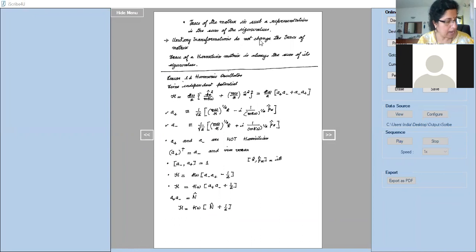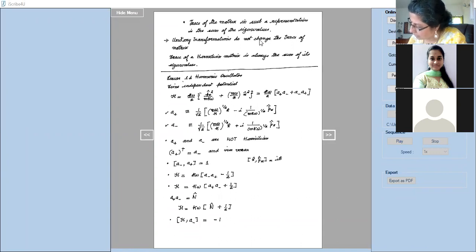And now, what did we do after this? If you remember, I said commutator relations are extremely important. So we worked out the commutator relation between H and A minus, and this was nothing but minus h cross omega A minus.